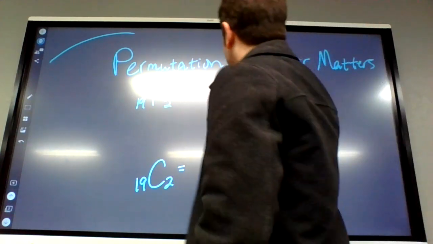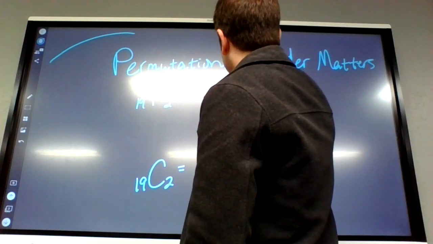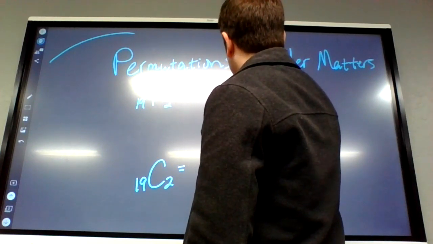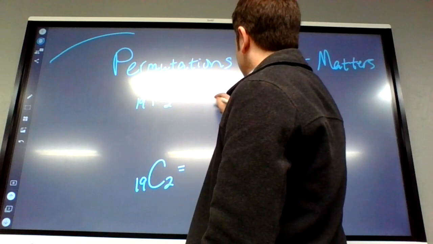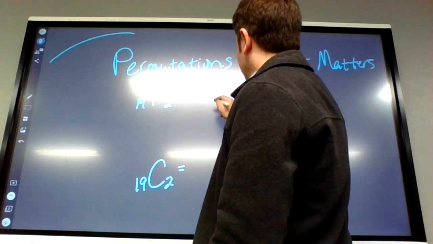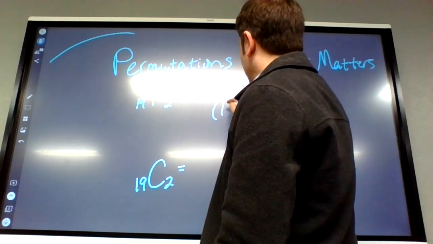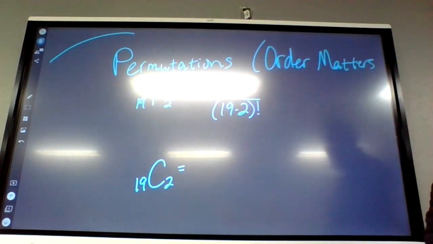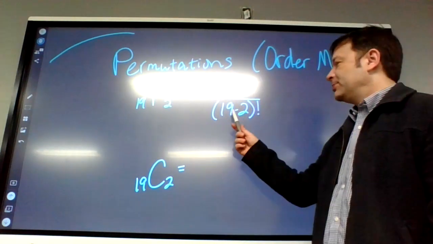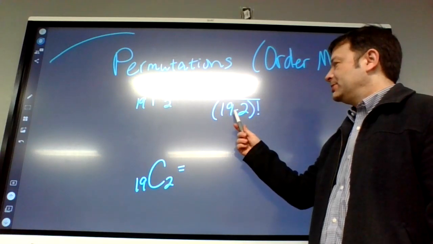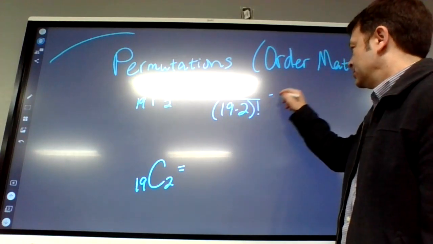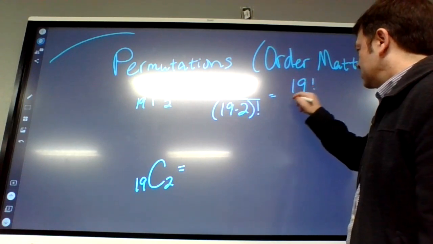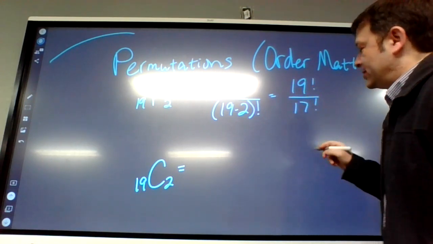So permutations are kind of simple. You do 19 factorial over, in this case, 19 minus 2 factorial. So 19 minus 2 factorial would be 17 factorial, right? If we had to do this without a calculator, it'd actually be pretty easy.